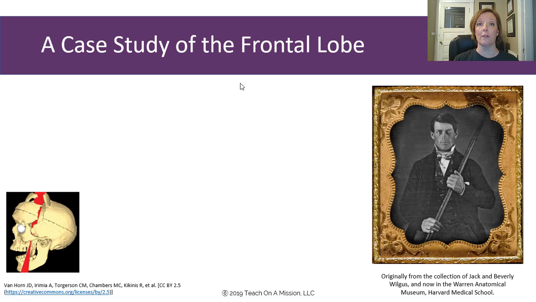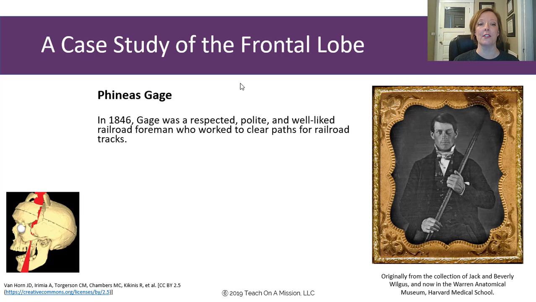One of the most important figures in psychology, at least as far as case studies go, is a gentleman named Phineas Gage. And he is very well known in the area of anatomy, especially brain anatomy. Back in 1846, Gage was a very well liked, very well respected railroad foreman. He was the boss, and he was responsible for clearing paths for railroad tracks.